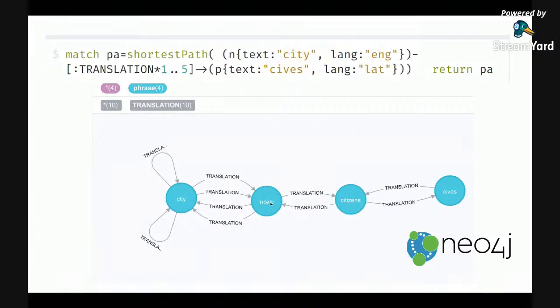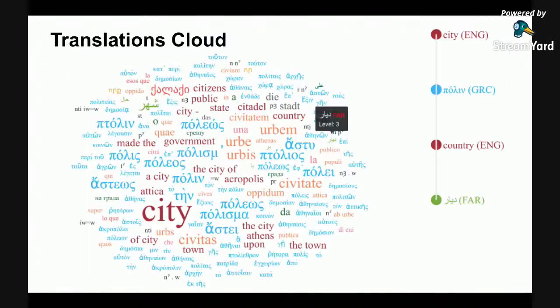I got the Greek translation, then maybe the English translation, because this is translated to this, and this is also translated to this, and to these two, citizens, and citizens are translated to civis. So this path I can get starts from city and ends with civis. With a very simple query I can get all this data.